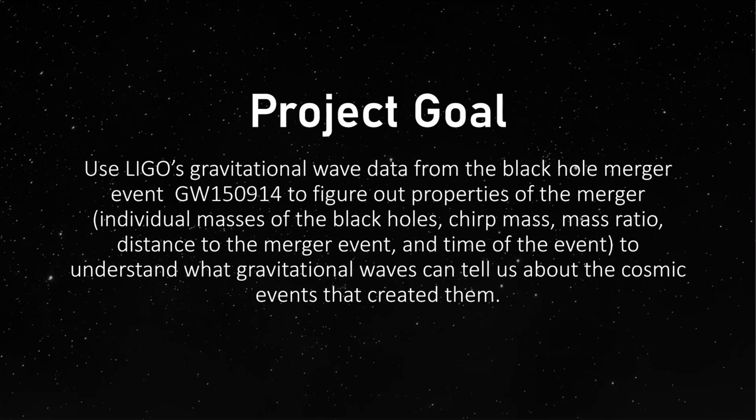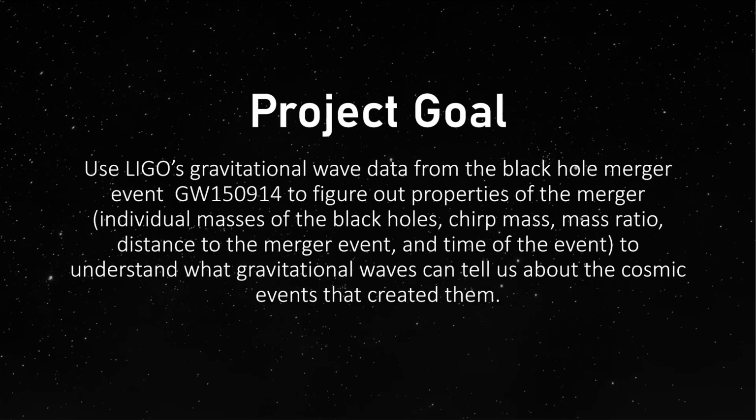In my Polygence project, I'm using LIGO's gravitational wave data from the black hole merger event GW150914, which I mentioned earlier, to figure out properties of the merger, which includes the individual masses of the black holes before they merged, their chirp mass, which is a combined mass of the black holes that also determines the frequency of the gravitational waves as they rose over time, the individual black hole mass ratios, the distance to the merger event, and the time of the event.